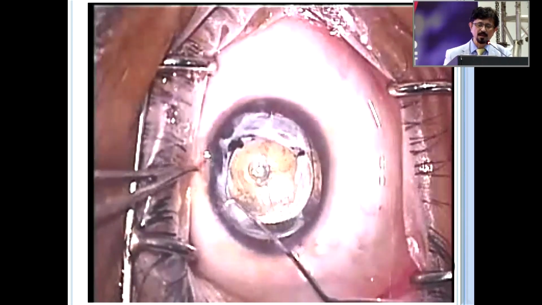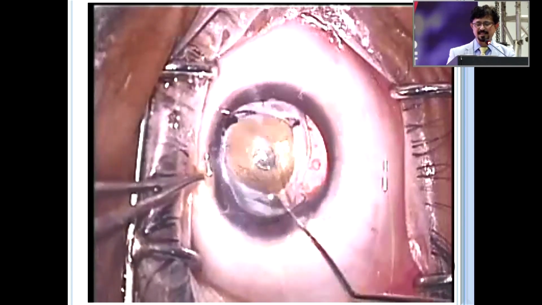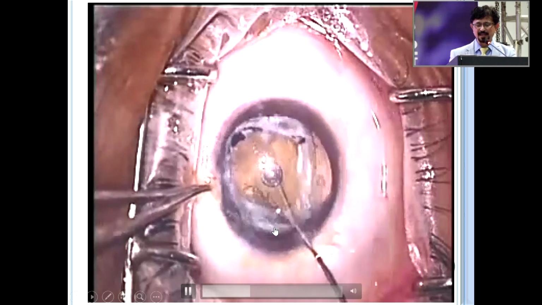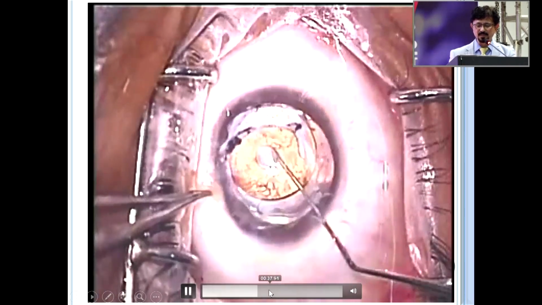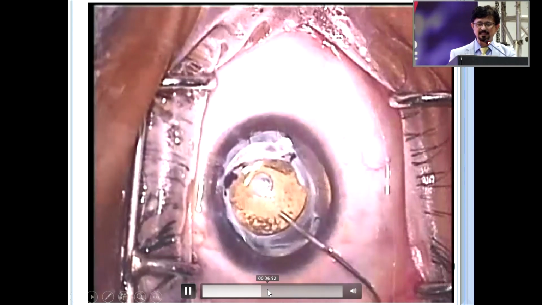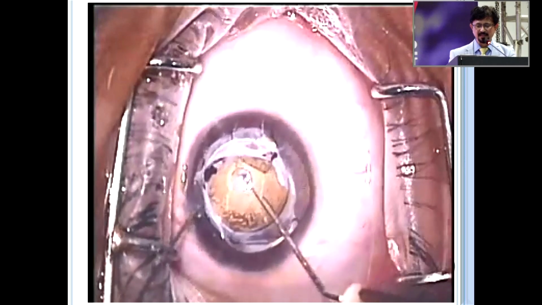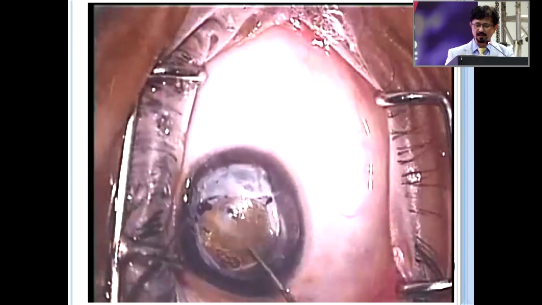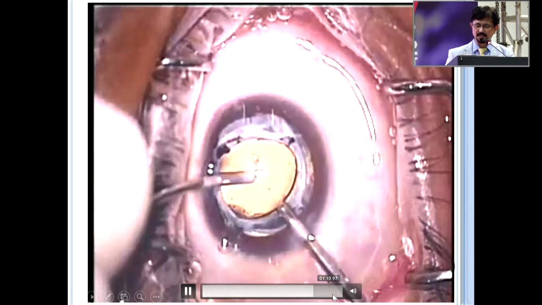If you are not comfortable going from the posterior route, then release the capsule from all sides, go behind the IOL and create a space, inject some viscoelastic there, and then make a nick. Then, with the help of a vitrector and an irrigation cannula in the anterior chamber, you can clear the visual axis completely. This is how it should be done.